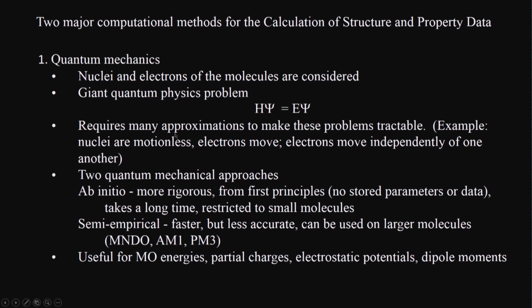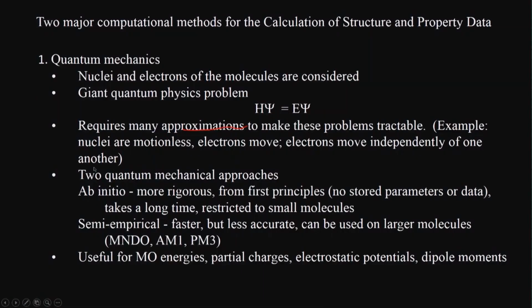So I have to use many approximations. This is very, very important to make these problems tractable. Nuclei are motionless, that means we assume the nucleus is fixed. Electrons move independently of one another. We may consider only the electrons in the outermost orbit which form the bond, and ignore the electrons inside.